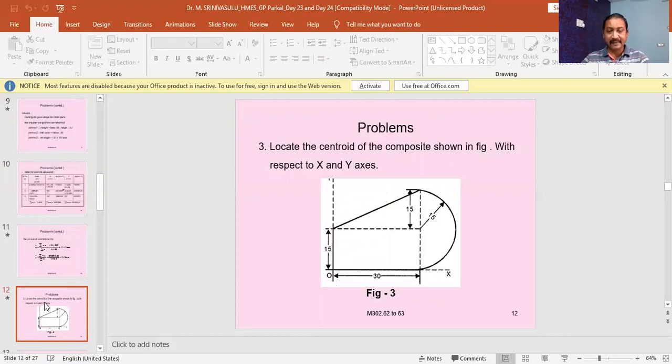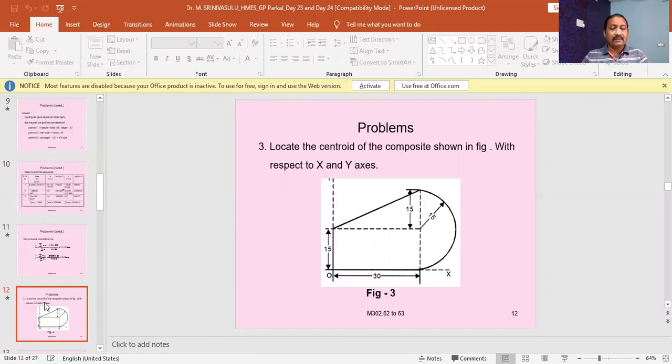The OX is nothing but the bottommost side, and OY is nothing but the leftmost side of the rectangle. Generally, even if not given, we have to take it like that, but in some cases it will depend on the reference axis. We have to find the centroid.